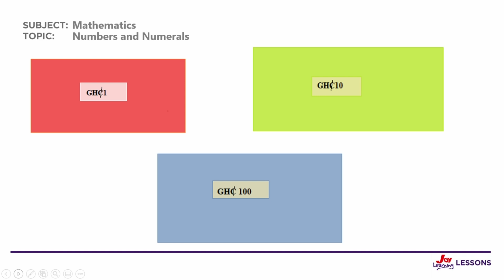How many of these currency notes are you going to use to purchase that commodity? Then we also represented the green with 10 cedis, or the tens, and the blue with 100s. So we learned how many of these notes could be used to represent a particular number. That is what we did in our previous lessons.